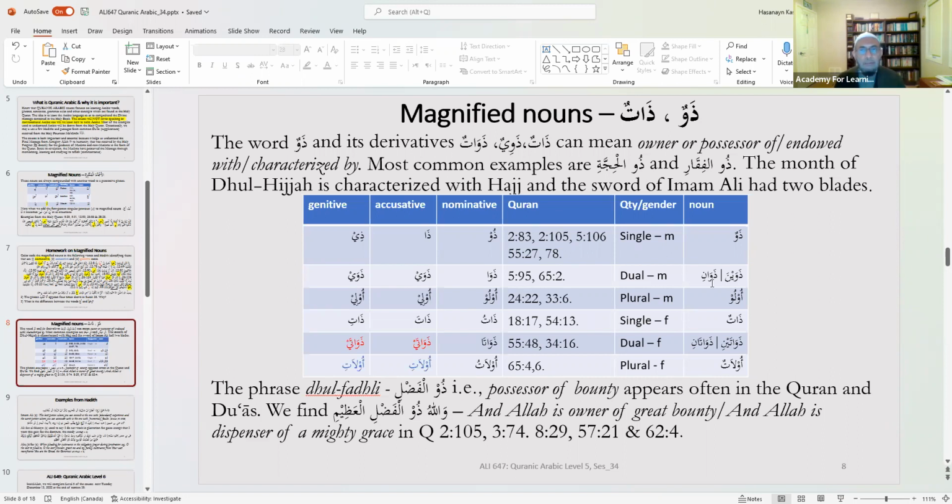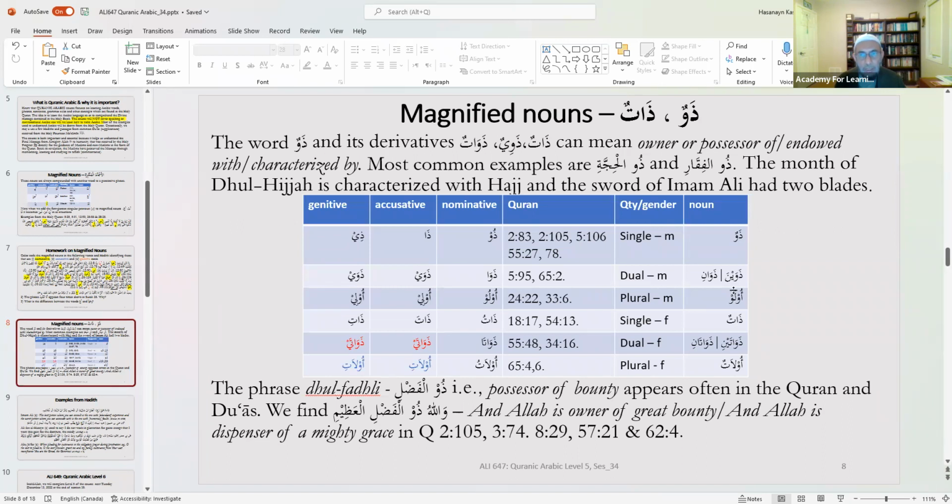So this is it: dhu, dhawaina, ulu, dhatun, dhawataini, ulatun, right? So dhu is singular masculine. The dual is dhawani or dhawaina, both. And then ulu, plural. Dhatun, of course, is like dhu, but it is feminine.